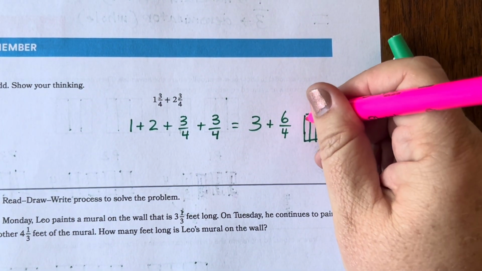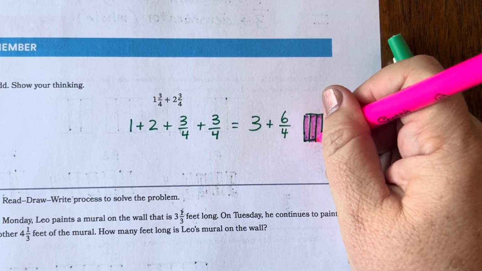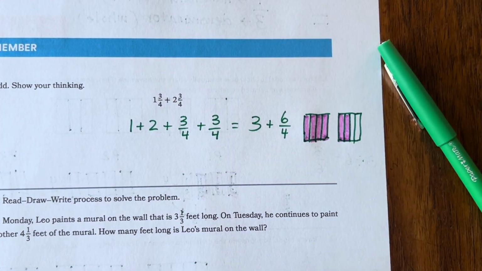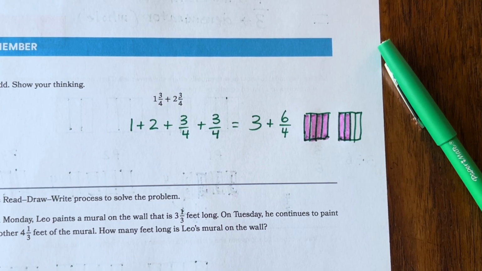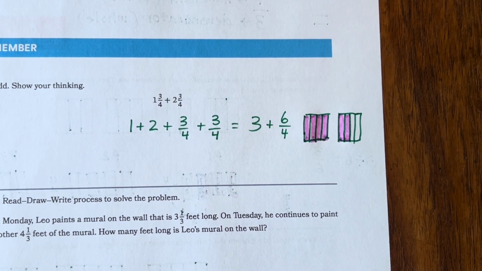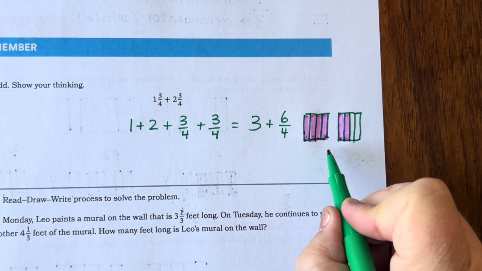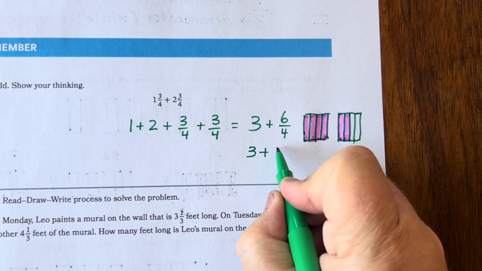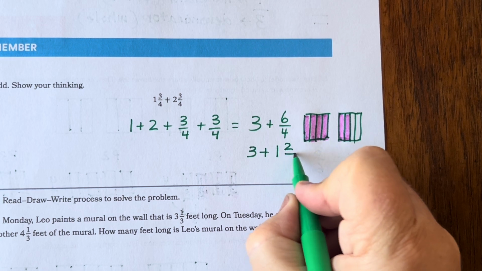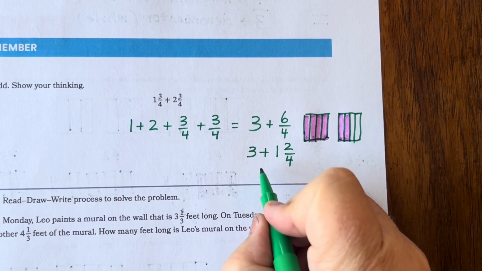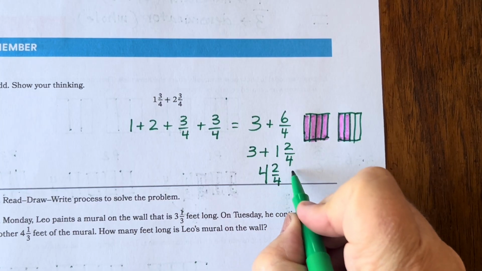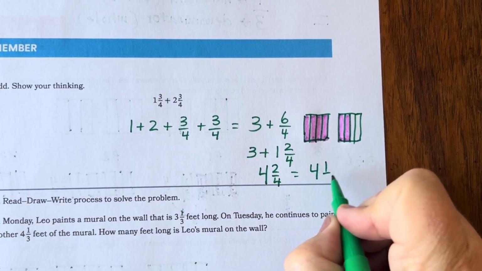So I have 1, 2, 3, 4, 5, 6. So really I have what fraction? What mixed number means the same as this? I basically have 3 plus 1 and 2/4. And altogether that equals 4 and 2/4. Or you could say 4 and 1/2.